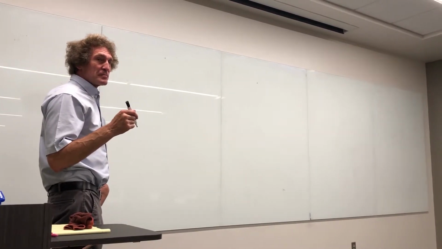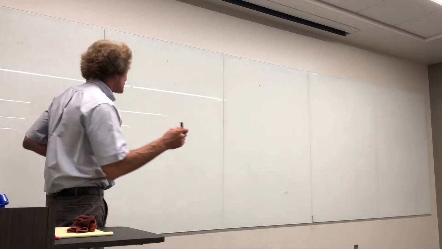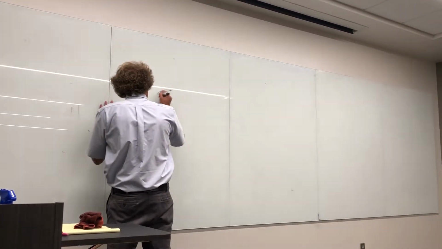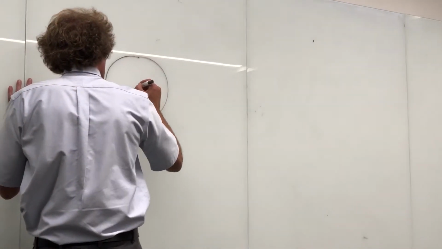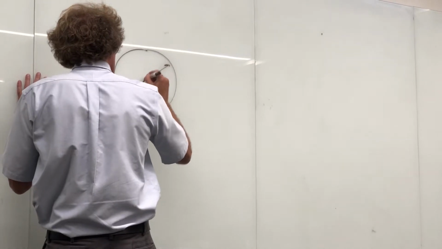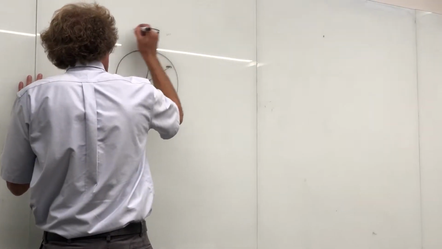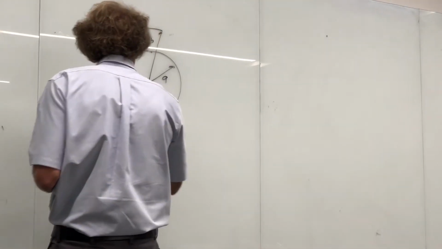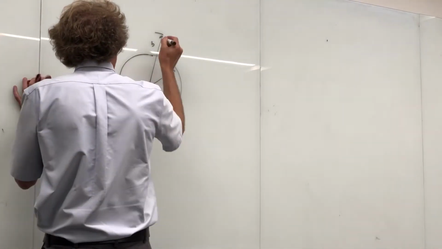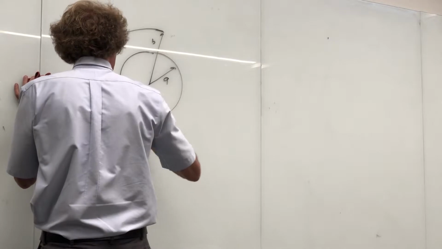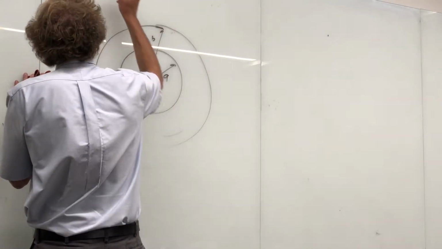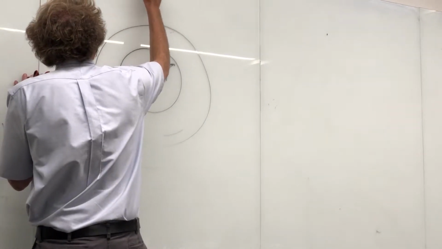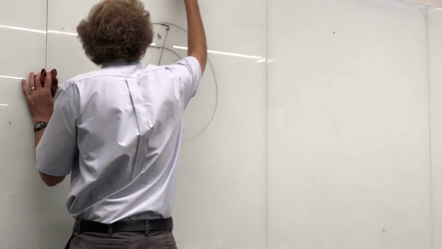It says a thick-walled spherical shell with an inner radius of 2 centimeters and outer radius of 4 centimeters. A equals 2 centimeters, B equals 4 centimeters.